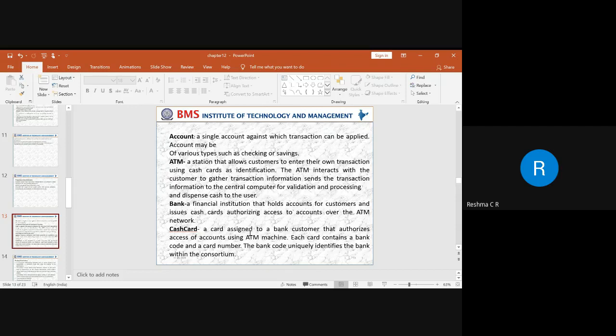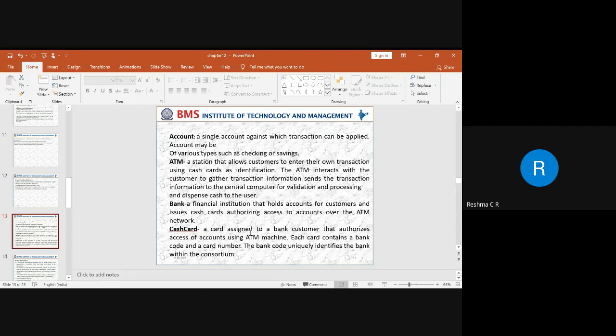These bank codes are uniquely identified; in terms of DBMS, we can call the bank code a primary key which uniquely identifies the bank within a consortium. A central consortium is a combination of all the different available banks and branches.